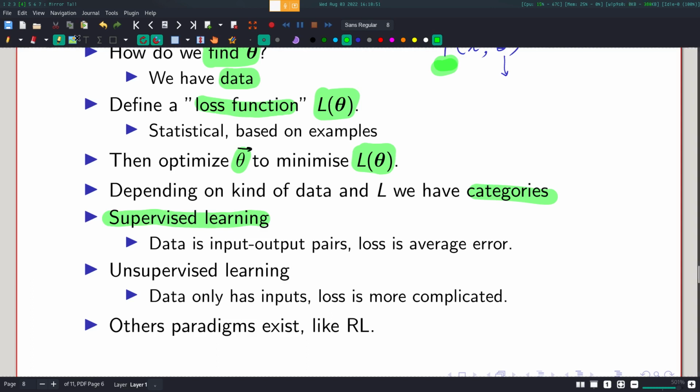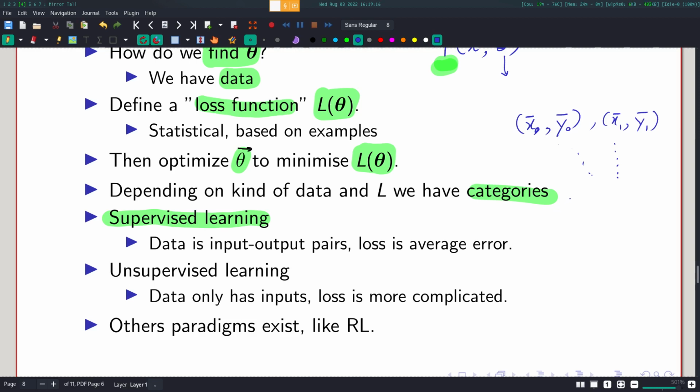So the simplest way you can think of doing that is that your examples are nothing but some inputs and expected outputs, right? So you have this huge list of x0, y0, x1, y1, so you have this huge list of such pairs of input and output values, right?